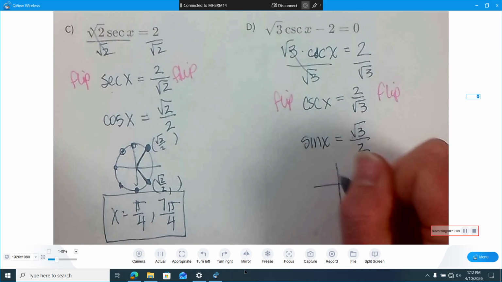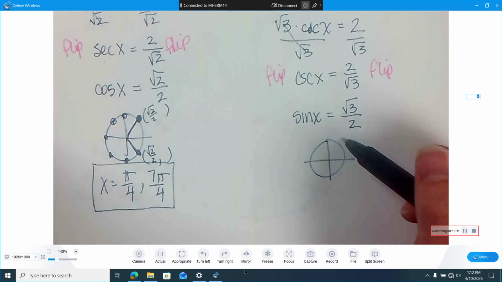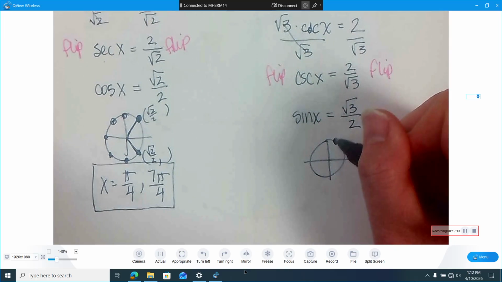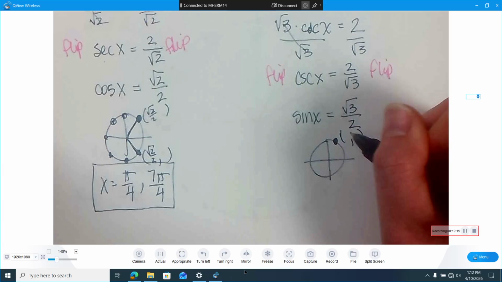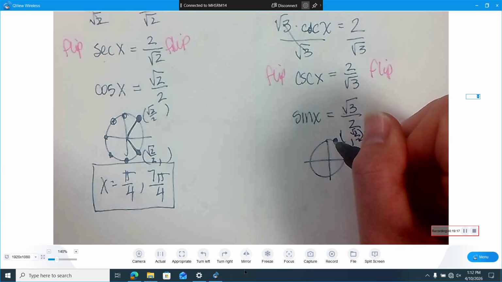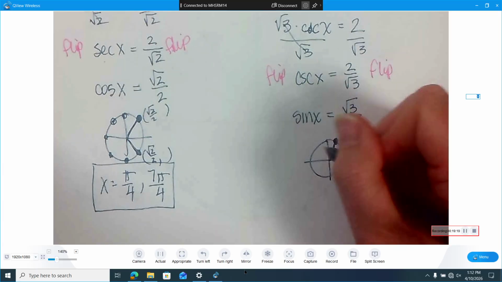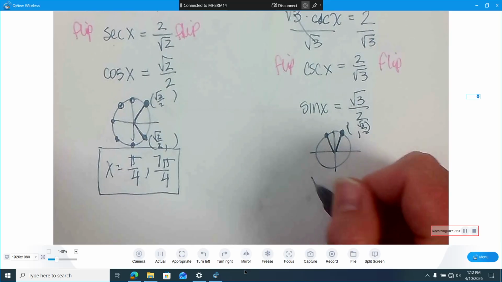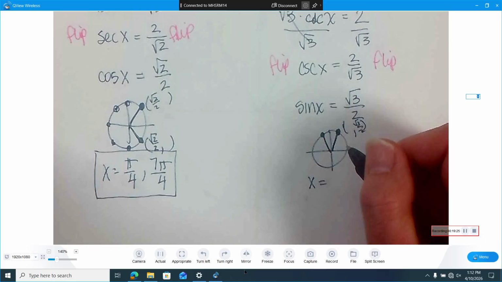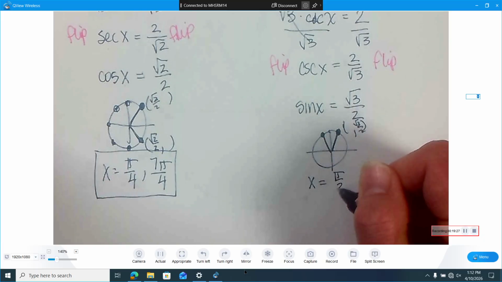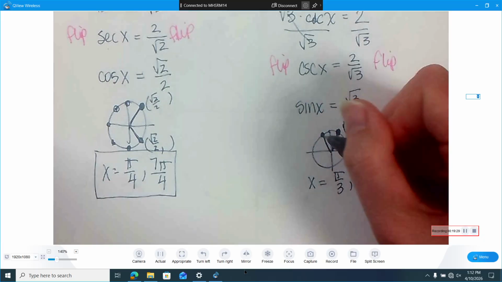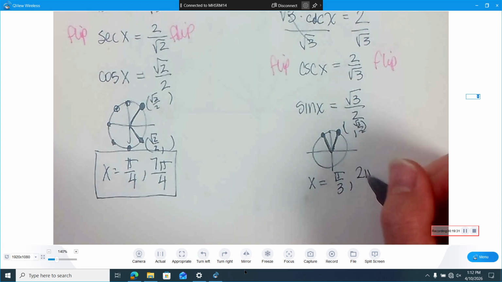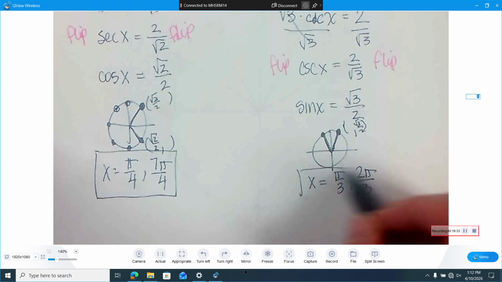All right, so where does my sine value have a tall radical 3 over 2? That is pi over 3, yeah. So x equals pi over 3. That's the first one. And what's the second? 2 pi over 3, yeah.